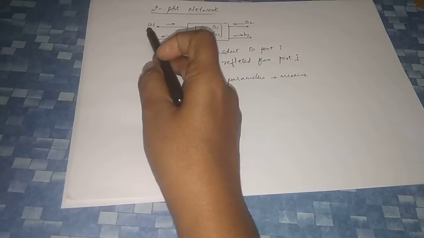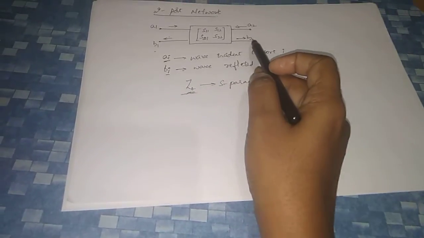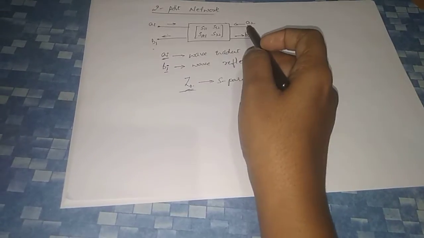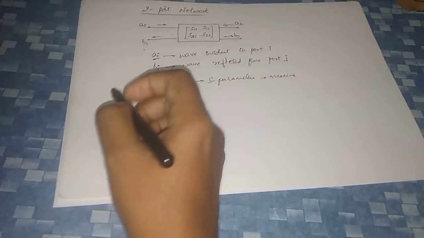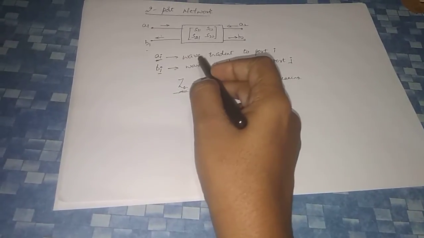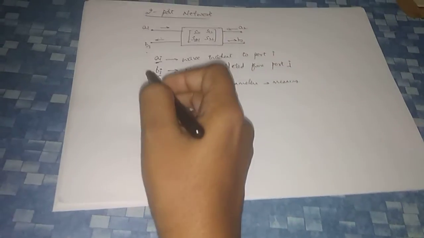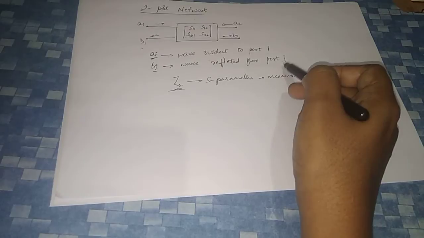This is especially for a two port network. A1 and A2 are incident waves and B1, B2 are reflected waves. Ai represents the wave incident to port i, and Bj represents the wave reflected from port j.